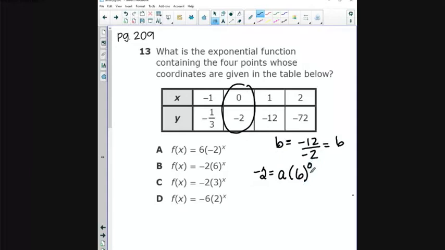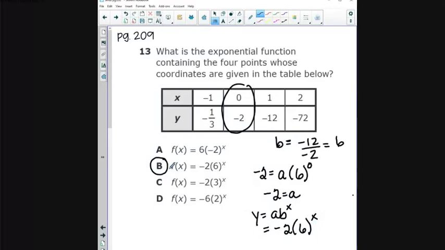Well, 6 to the 0 power is 1. So -2 equals A. And there it is. So when you do y equals AB to the x power, we can see that A is -2 times 6 to the x power. And the best answer here is letter B.